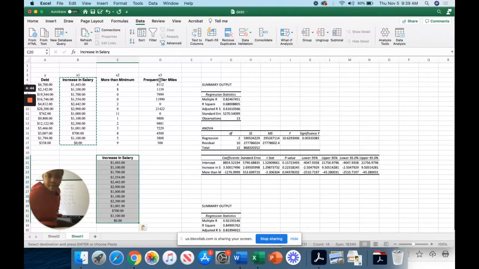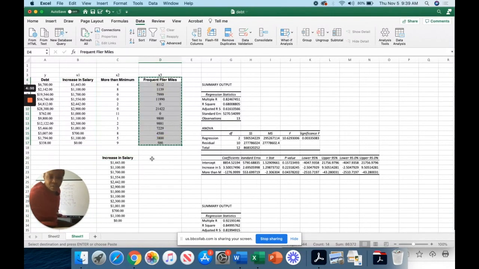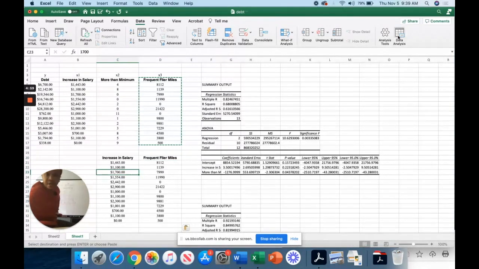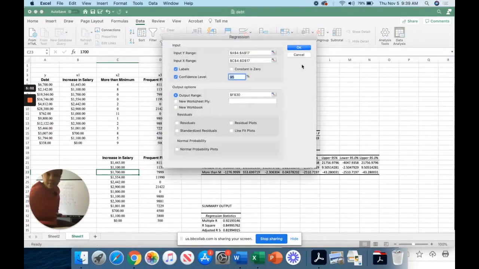So when you're doing X1, X3, notice how the X2 is right between them. So you have to reposition it so that X1 and X3 are beside each other, and then you can do the other. Okay, good. All right, so let me change these.